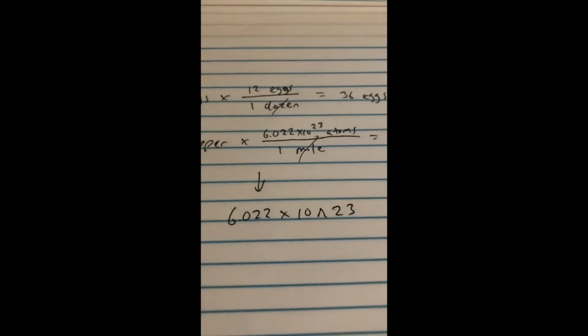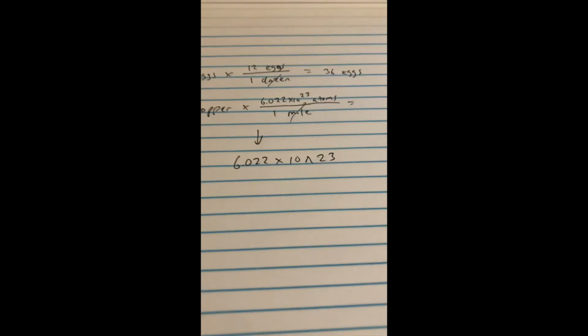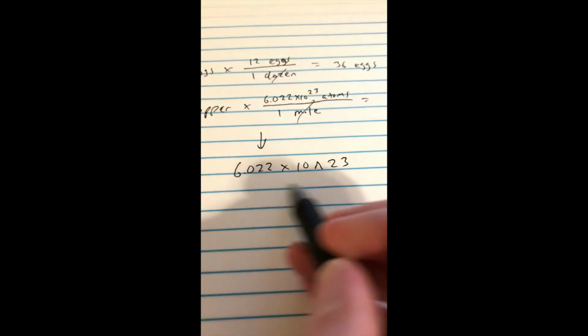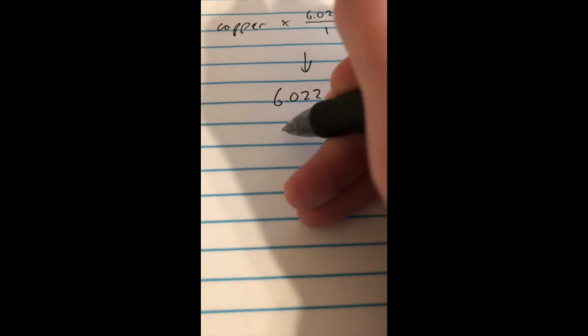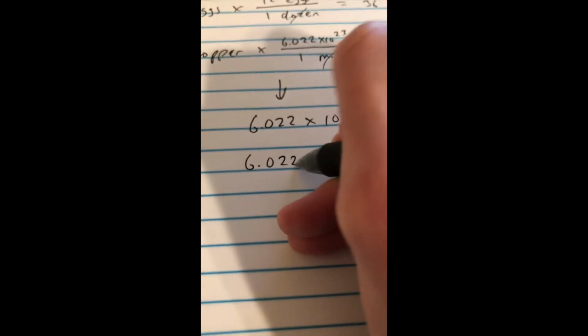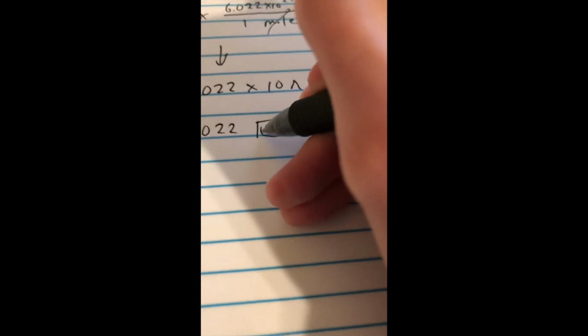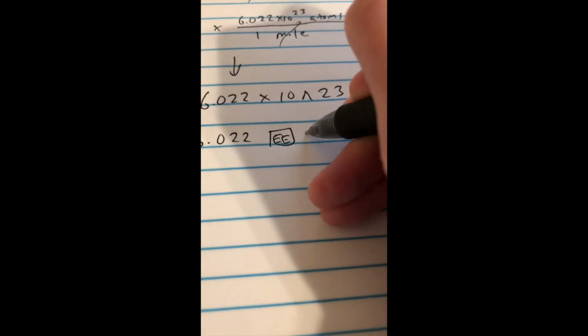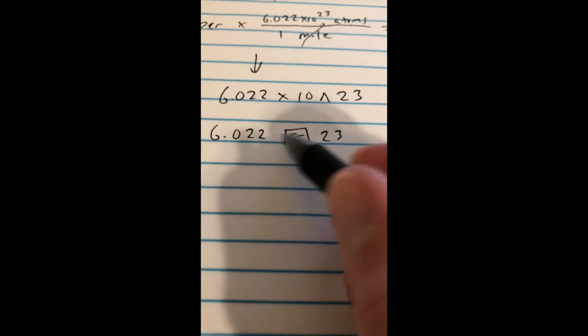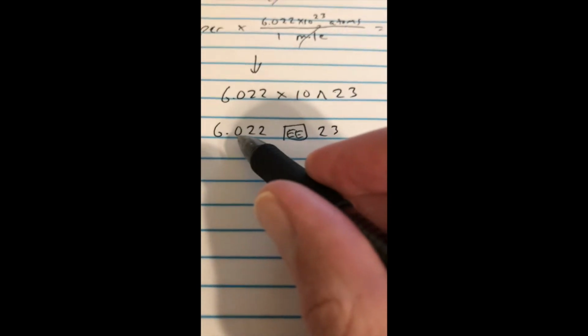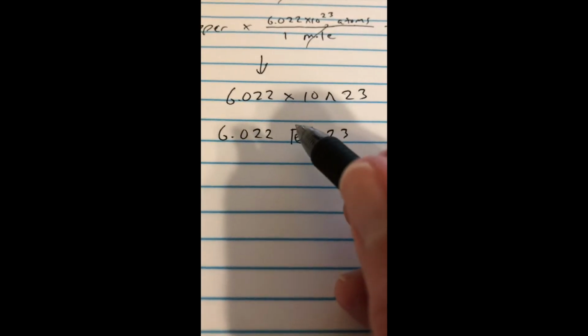That will prevent any mistakes that you could make if you wrote it in like this. So write it in as 6.022, hit the double E button once, and then 23. You do not write in 10, you don't write any multiplication, it's just 6.022, the double E button, 23, that's it.